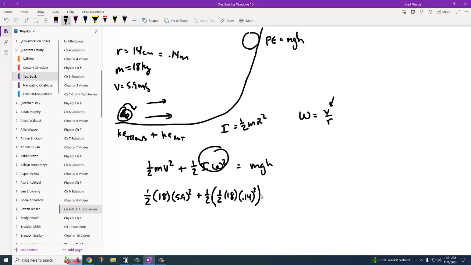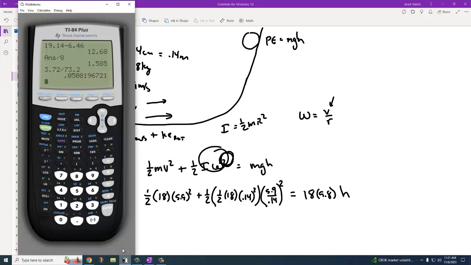That's 1/2 mr squared times omega, which is v 5.9 over the radius of 0.14, but it's omega squared, right? See right there, this should be squared, equals mass of 18 times 9.8 times an unknown h.